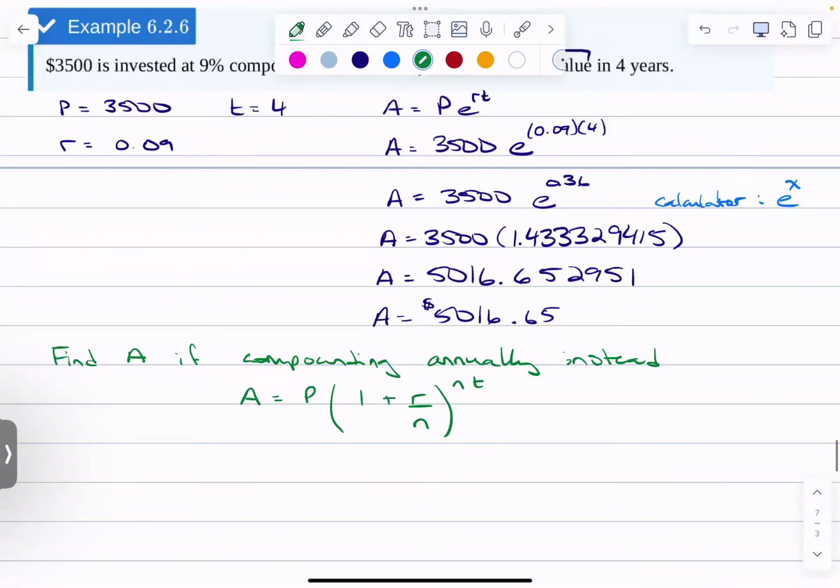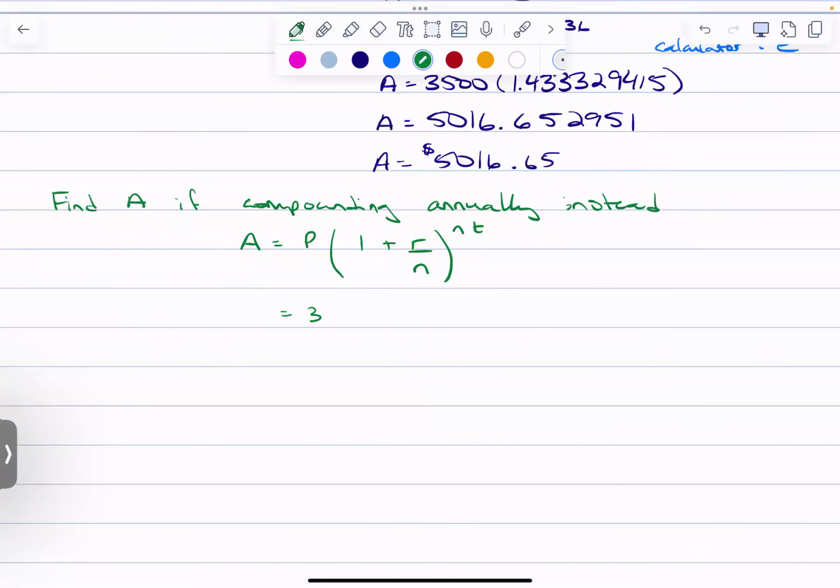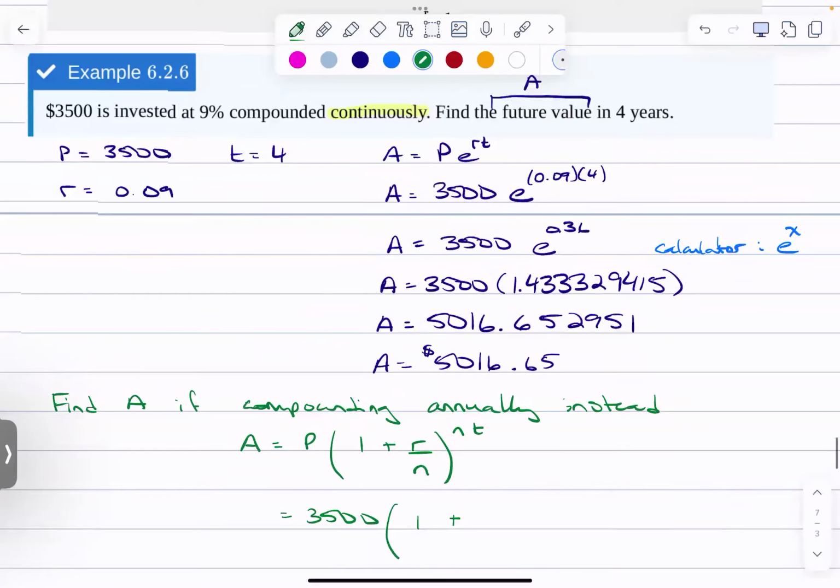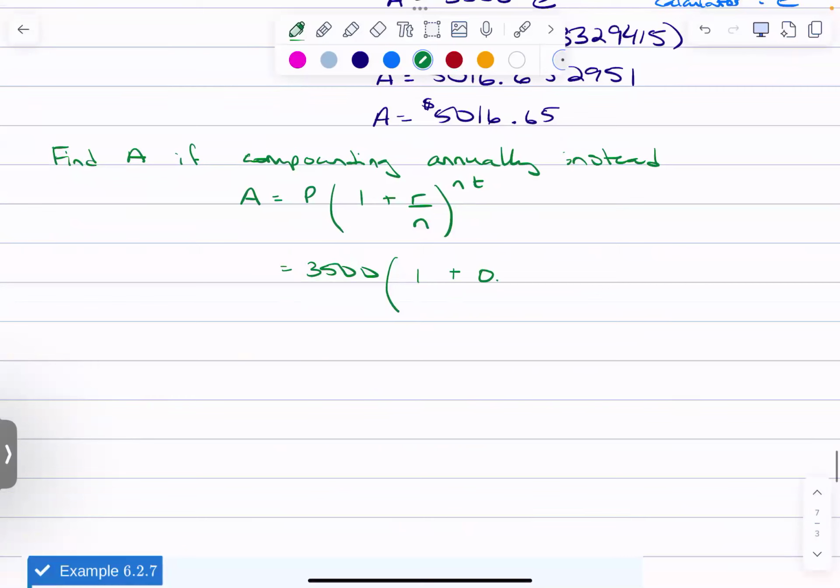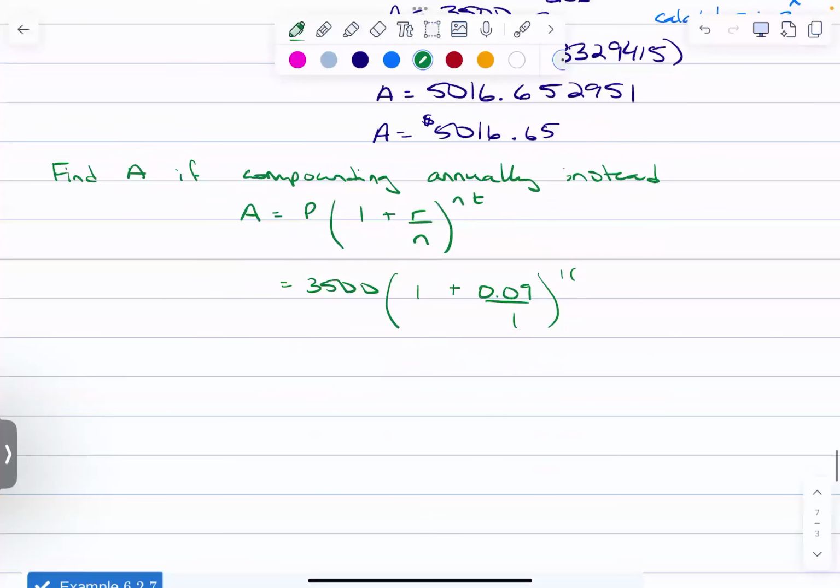Let's see here. My P was 3,500 times 1 plus my rate is 0.09 divided by 1, to the power of 4 years.